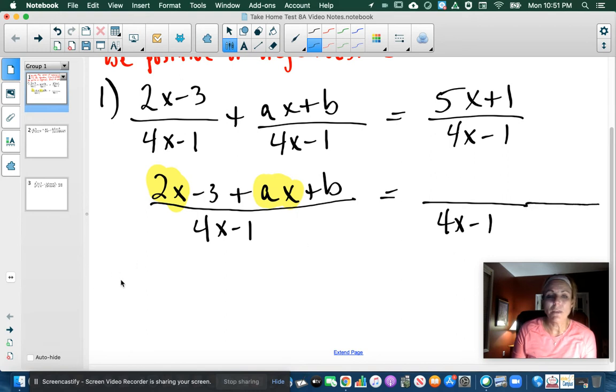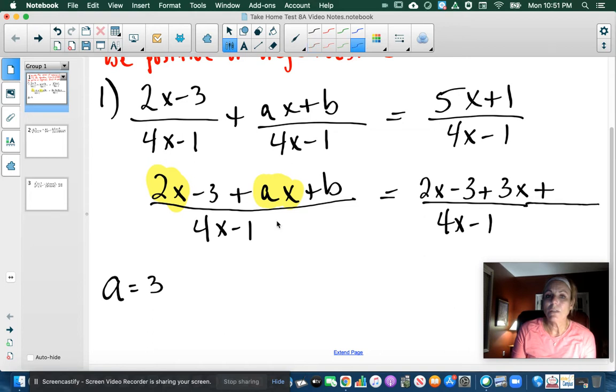All right, so I think A is going to be 3. So let's try it. So we have 2x minus 3. Let's plug in the 3 for A. And then B, the question is, I have a negative 3. Negative 3 plus what is going to give me 1?